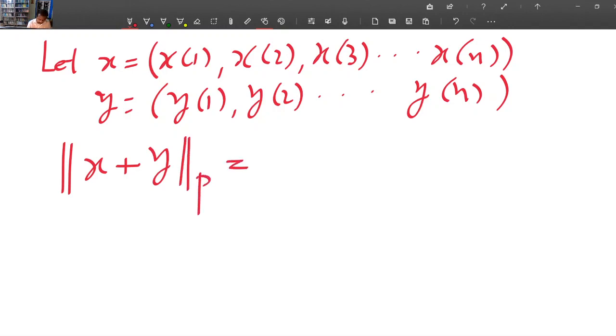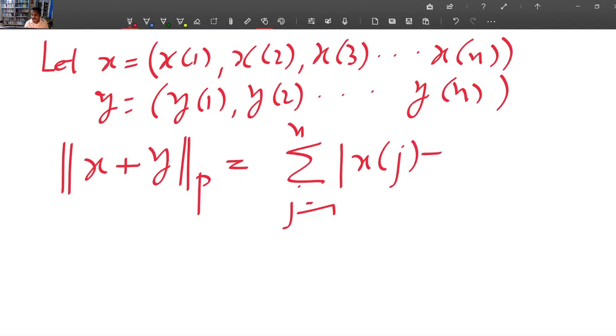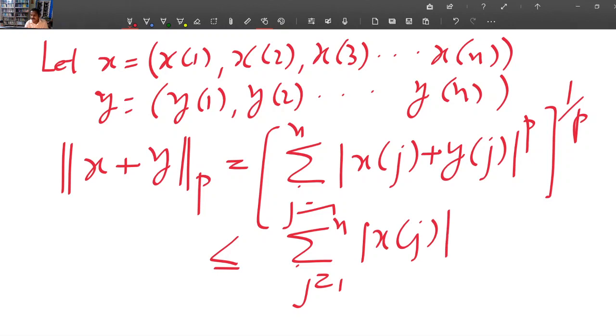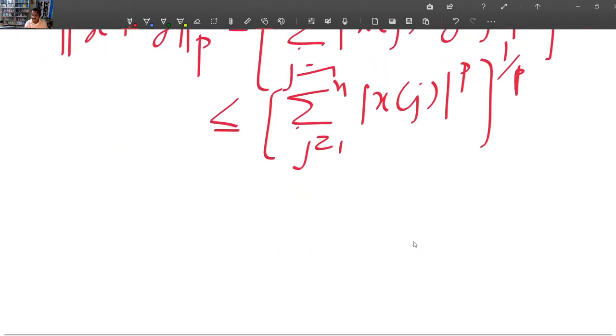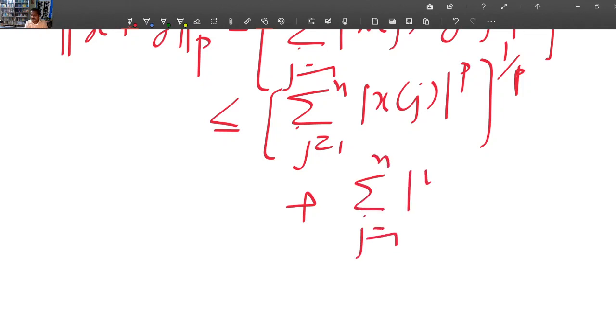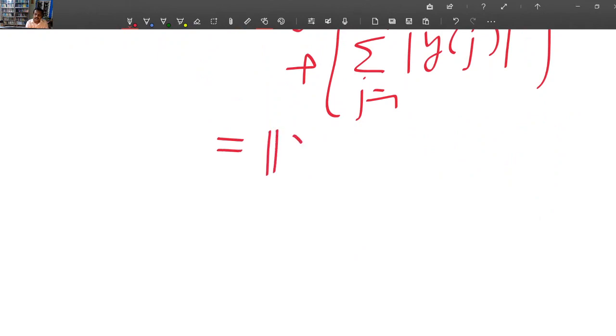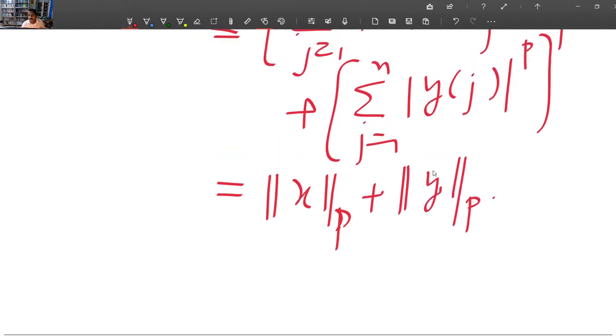So you have this equal to (Σ_{j=1}^n (|x(j) + y(j)|)^p)^{1/p}, and this is less than or equal to, by Minkowski's inequality, (Σ_{j=1}^n |x(j)|^p)^{1/p} + (Σ_{j=1}^n |y(j)|^p)^{1/p}. That is equal to the p norm of x plus the p norm of y.